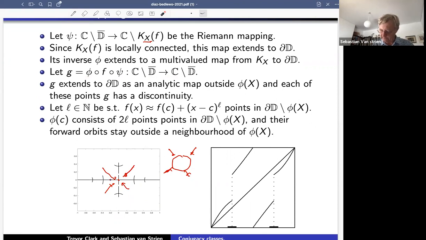Here I've drawn this map G. Here's the circle. If you were to have a polynomial-like mapping, then this map would be a degree 2 mapping of the circle, just a standard continuous expanding map of the circle.